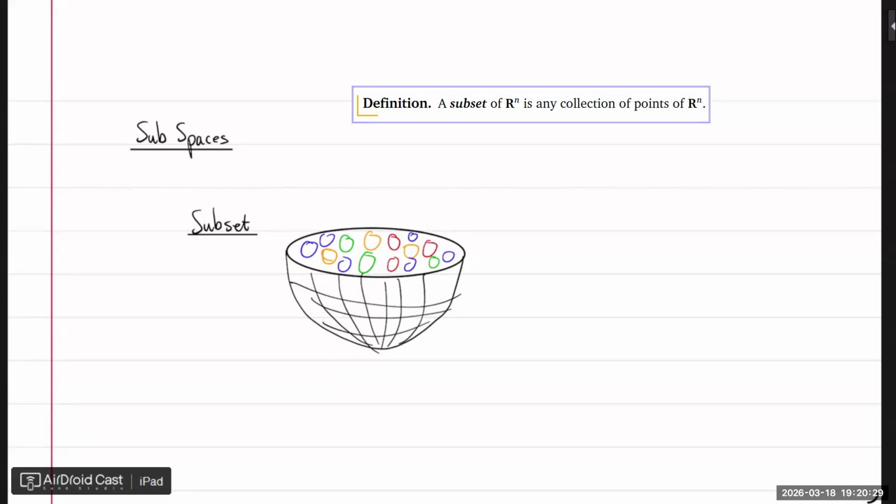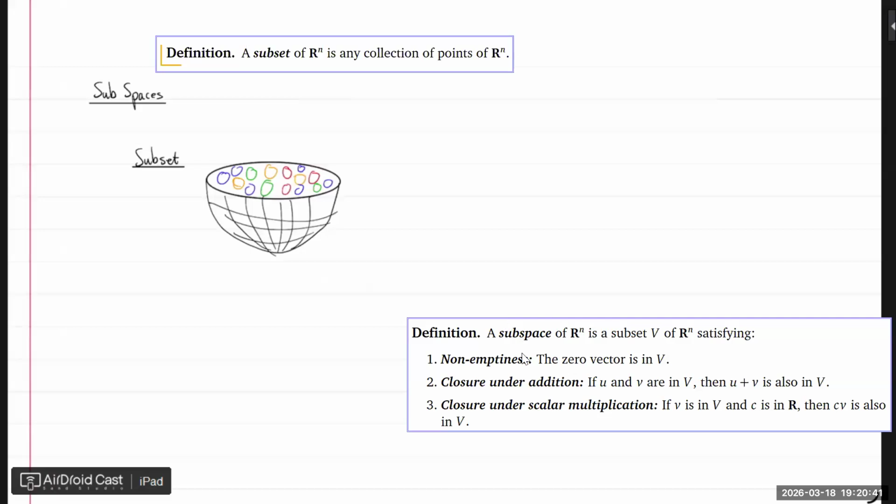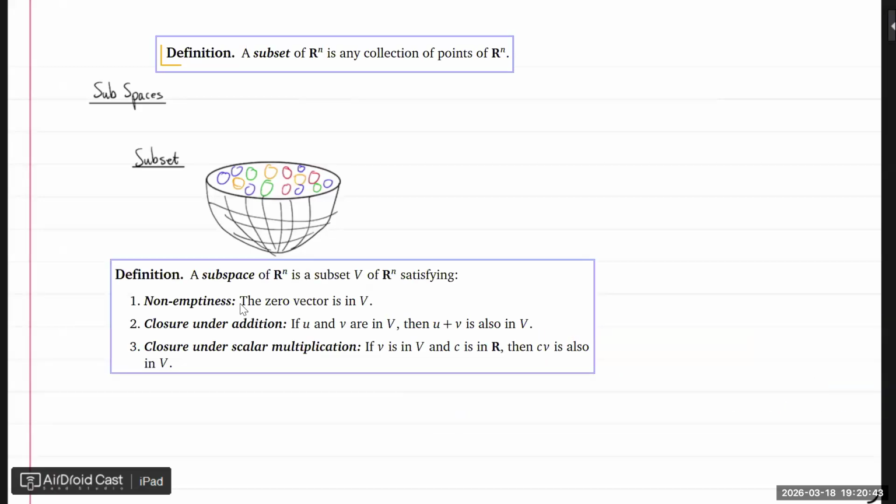But now, to make it more specific, what type of subsets do we get? We're just going to look at subspace now. A subset is just any collection of points, but a subspace of Rn is a subset. So it is a basket full of fruit, but within this basket, these next three things should be true. Otherwise, it's not a subspace. It can still be a subset, but it's not a subspace.